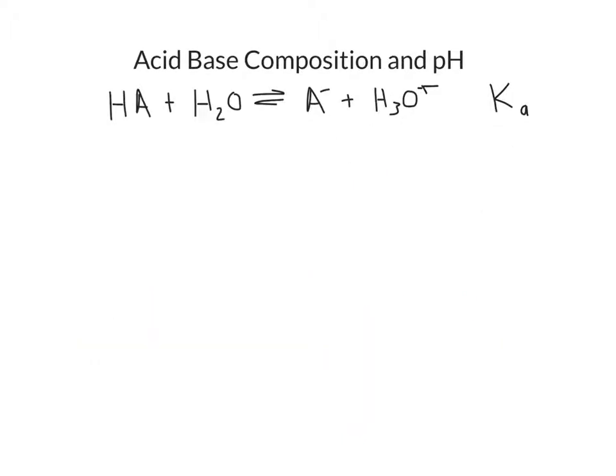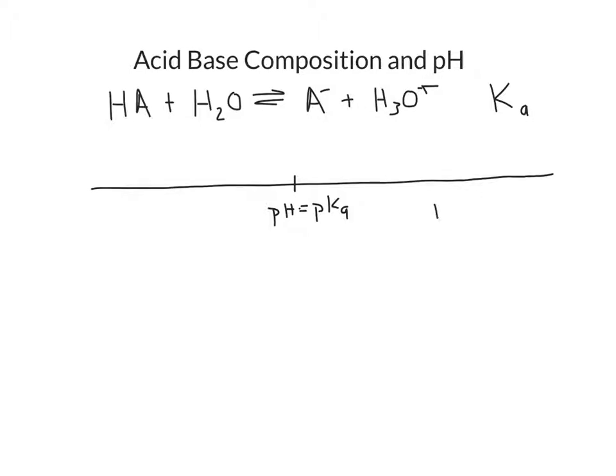So if we imagine the range of pH values that this solution could have, there's a value of pH in the middle where the pH is equal to the pKa. And then we have values of pH that are greater than pKa and values of pH that are less than pKa.